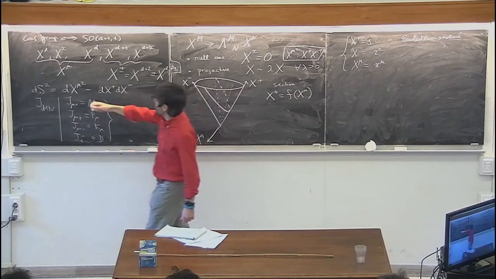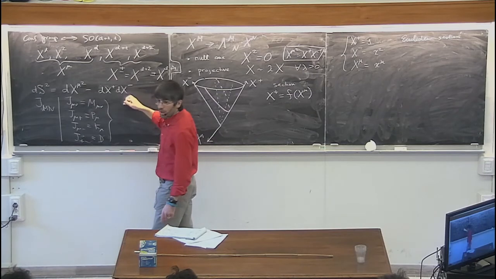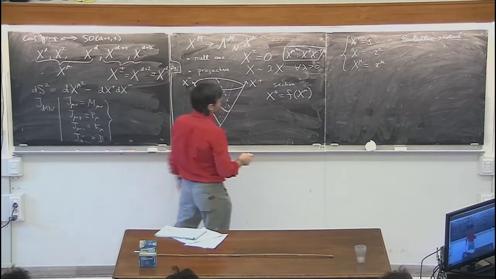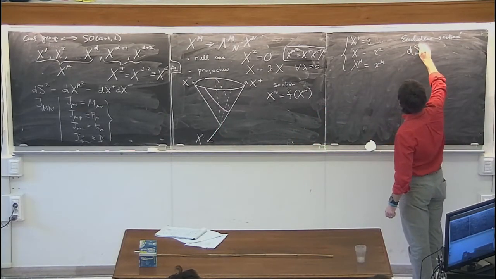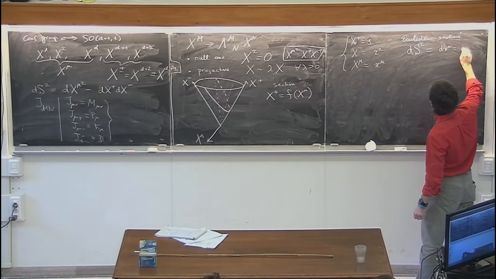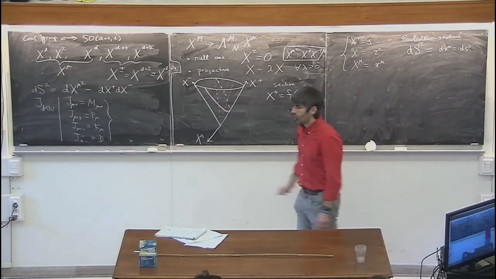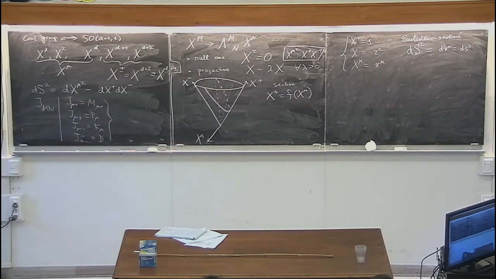From dx mu squared you just get dx mu squared, but dx plus dx minus vanishes because x plus is a constant, is equal to 1. So on this Euclidean section I have ds squared equal to dx mu squared. So the induced metric on this section is precisely the Euclidean metric that we need. So that's why it's called the Euclidean section. Right?